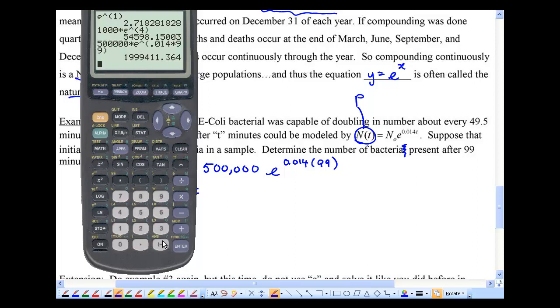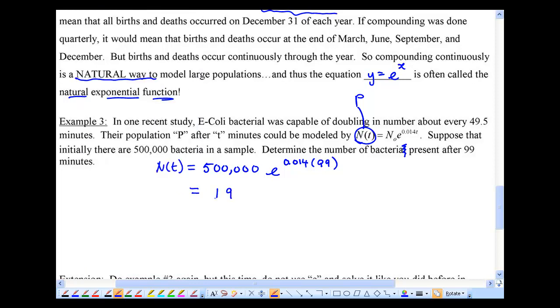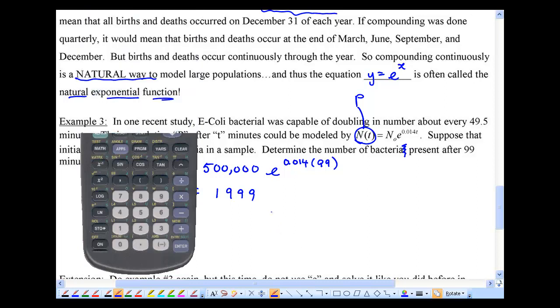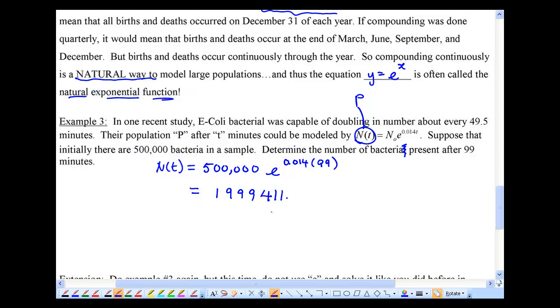So what's that? Almost 2 million, I guess. 1999411.36. So that's pretty much close to 2 million bacteria present. Okay? So, there you go.